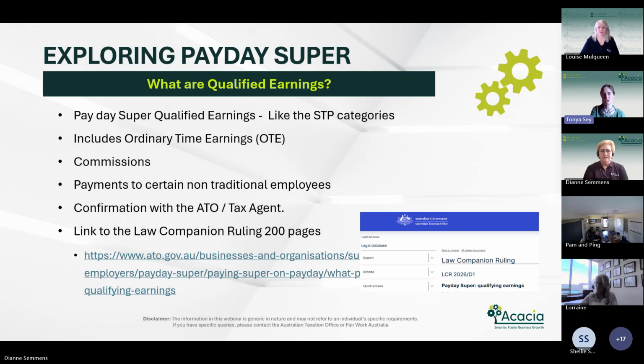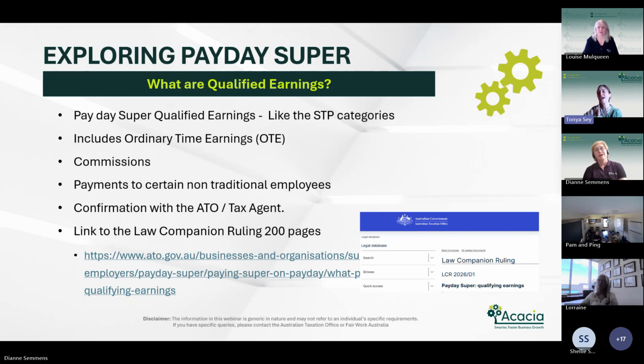Now, that web address there, that is where the ATO has got, for the standard pay items, this is what's OTE, ordinary time earnings, yes or no. This is what's qualified earnings, yes or no. So it literally says, salaries, ordinary time earnings, yes. Qualified earnings, yes. Overtime, ordinary time earnings, yes.